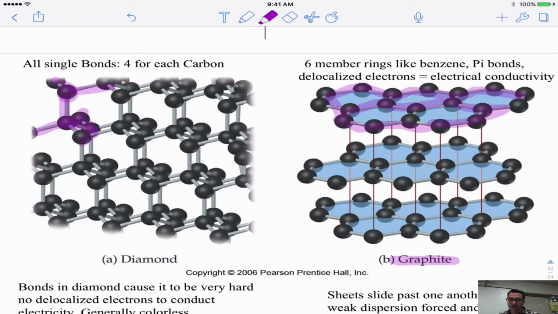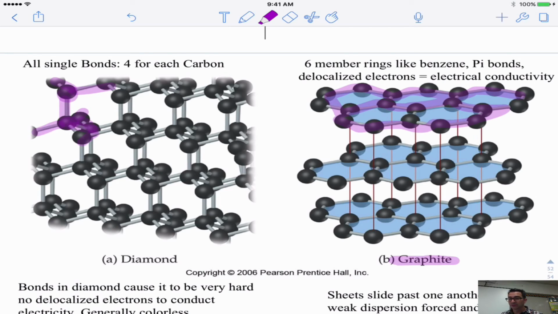And it's relatively easy to basically shear off one of these sheets. And if you've ever written with a pencil, which all of you have, when you write with that graphite in that pencil, then you are actually taking off layers of carbon atoms, and they are sticking electrostatically to the page. You want to remove them? Well, then you use an eraser and you remove them. So that is the graphite difference.